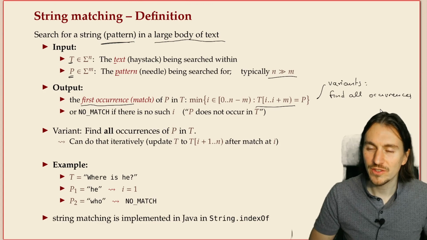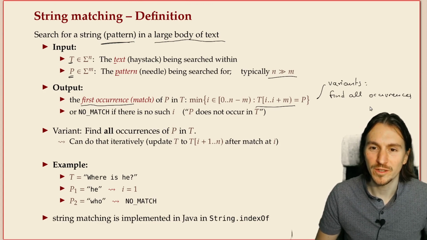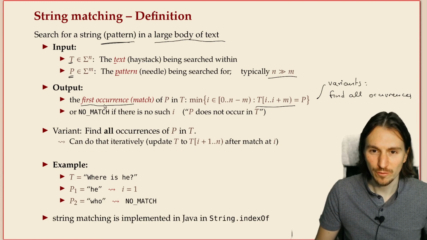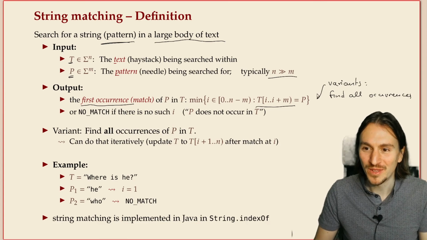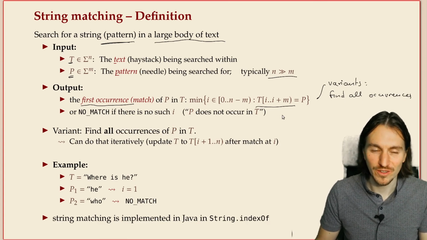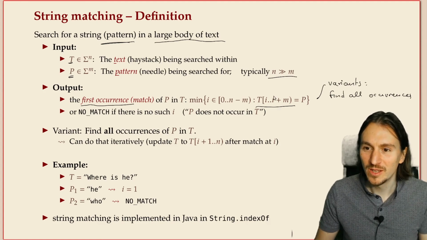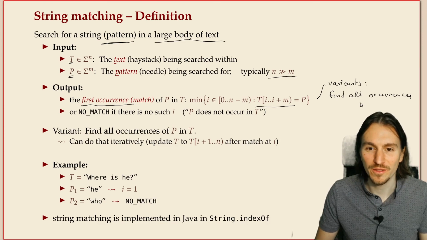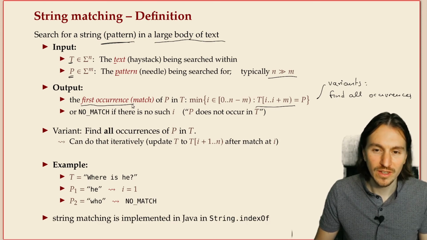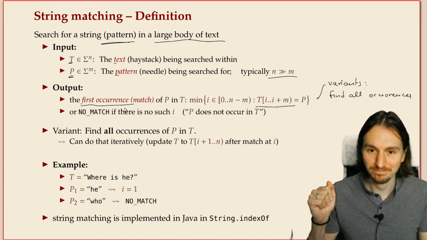Finding all occurrences is usually the same as this one. You could essentially just find the first match and then find the first match after this one. So you can iterate through all the occurrences. There's a slight catch to this that I will comment on at the appropriate time. But you will find in textbooks sometimes this variant is the one they study. I think this one is just as general, maybe even more general. So we'll always find the first occurrence.